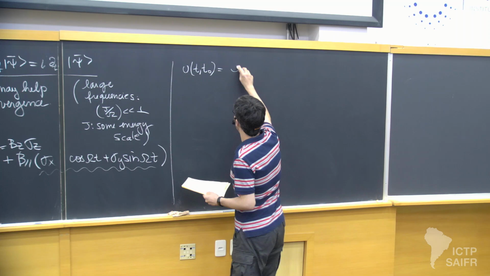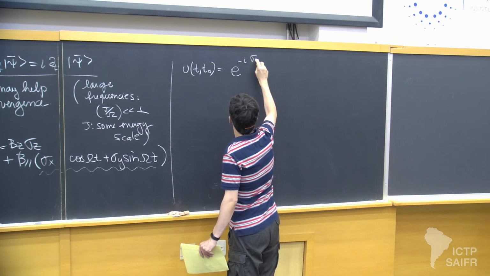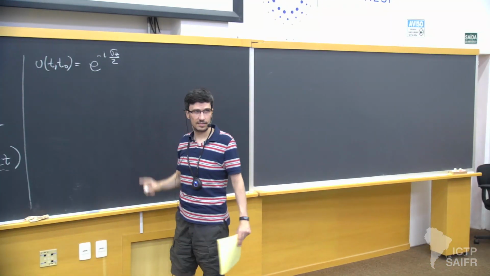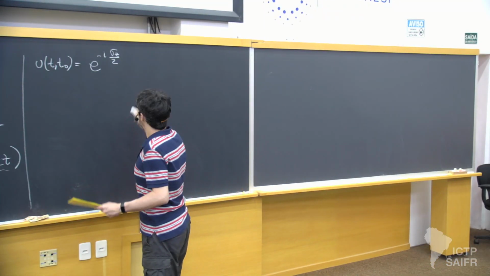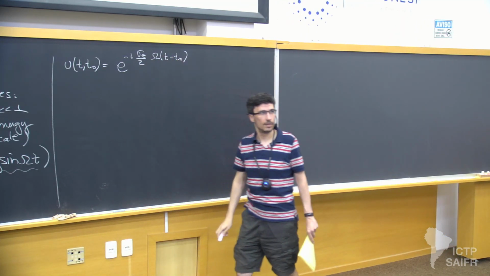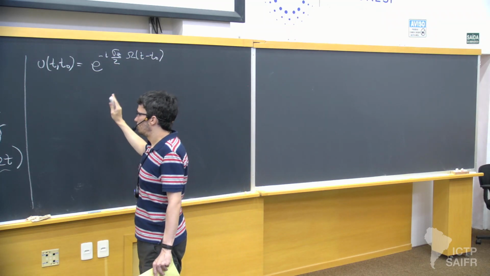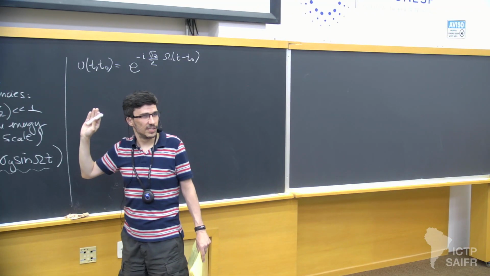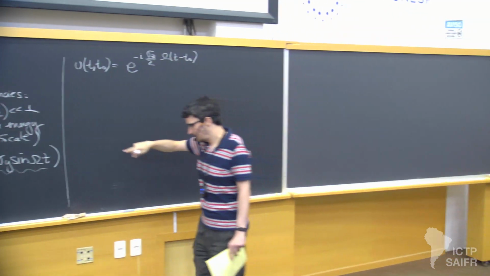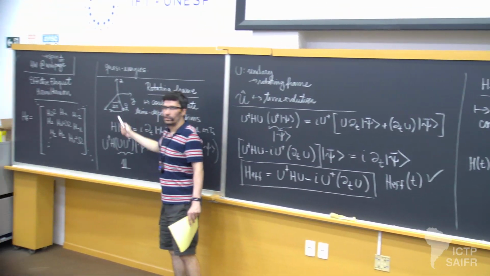You do this with exponential of minus I sigma z by 2. Recall that our rotation would be with Sz, which is sigma z by 2, times omega of t minus t naught. There's not much question that this is going to work, because you are just rotating with an angle that has the same rotation period as this time-dependent term.